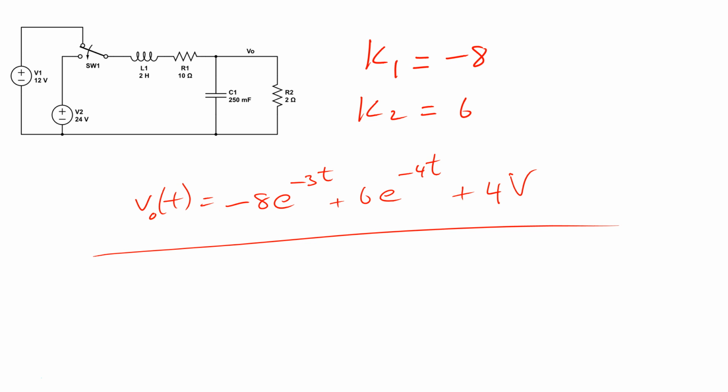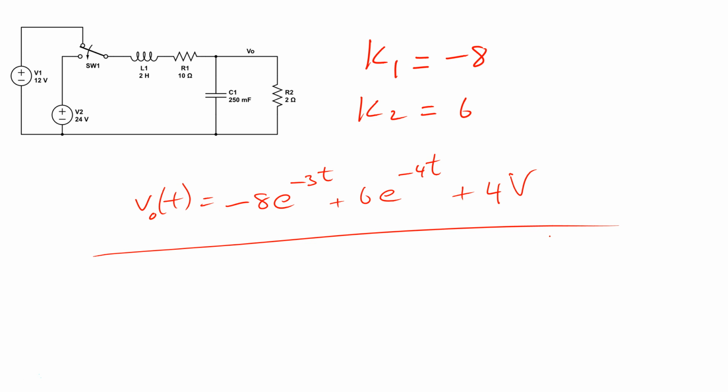So at t is equal to infinity, we know that this will go to 0 and this will go to 0, and we'll get 4 volts. And that is right, because when we have the 24 volt source here, remember we'll have the voltage according to the voltage divider, 2 on 12 multiplied by 24, which will give us 4 volts.